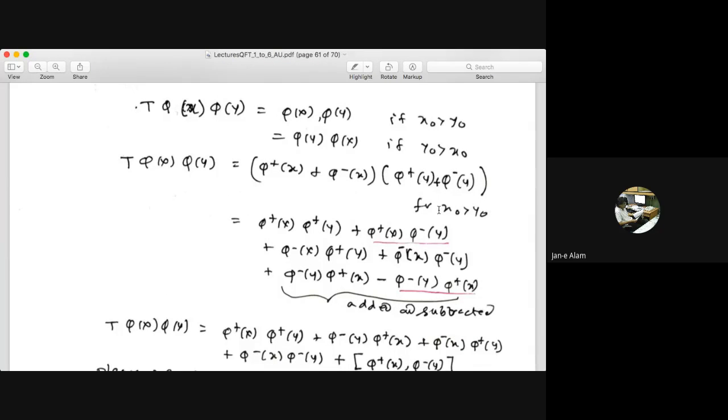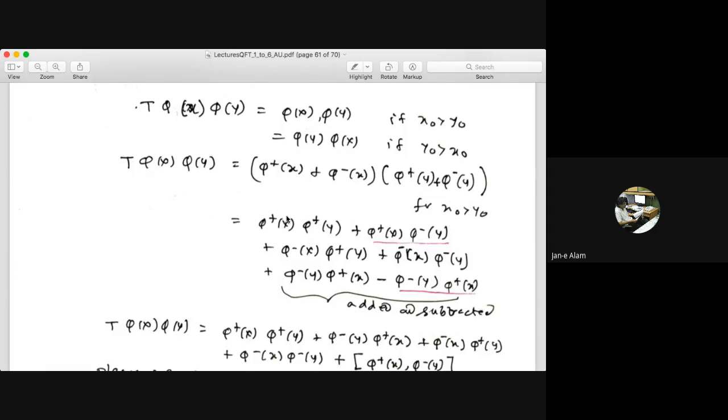For the case x naught greater than y naught, it is phi x phi y. I now break phi x and phi y into phi plus x, phi minus x, phi plus y, and phi minus y, where phi plus contains the annihilation operator and phi minus the creation operator. So I just do the multiplication.